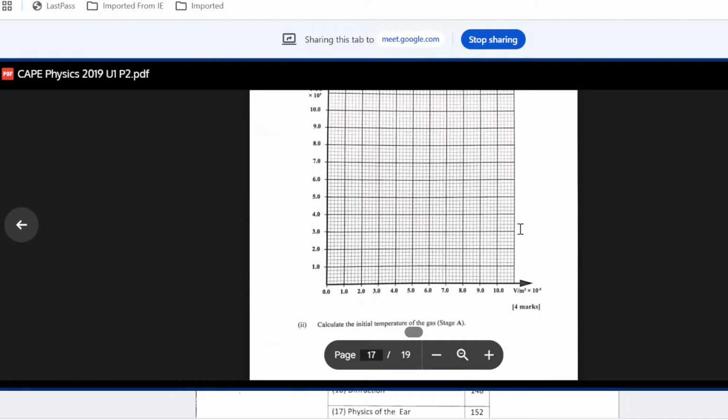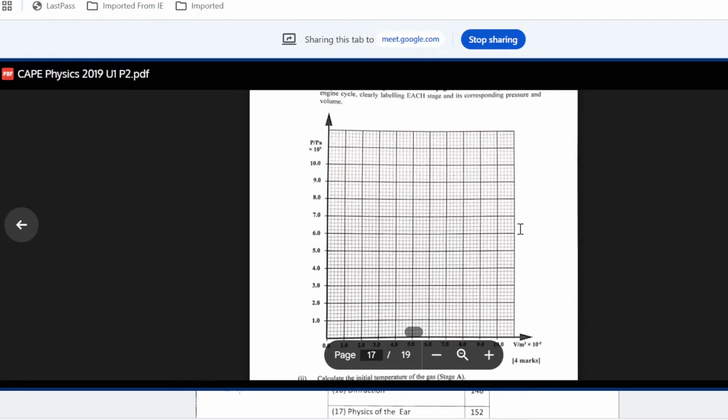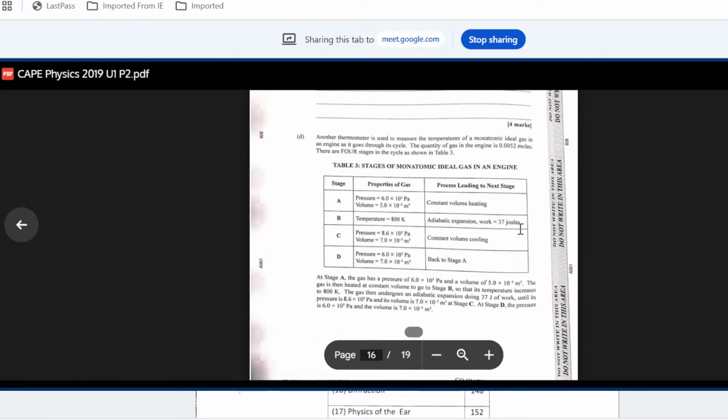First, calculate the initial temperature of the gas at stage A. What equation can we use? Do we use PV = nRT?